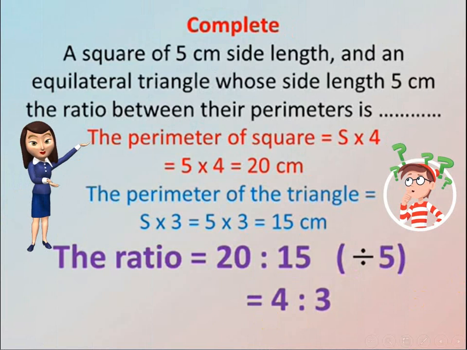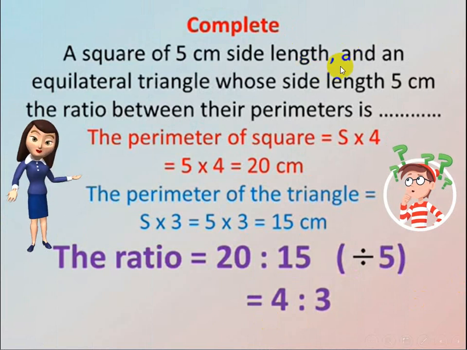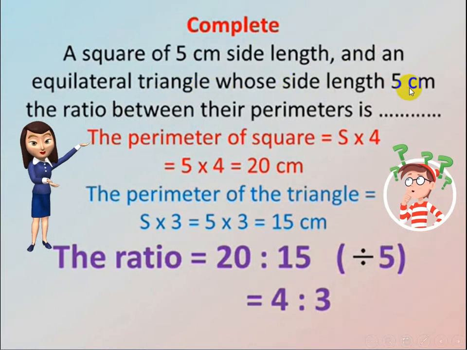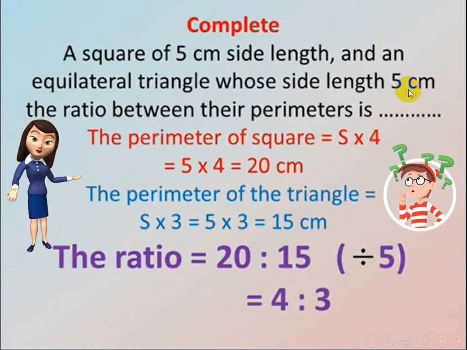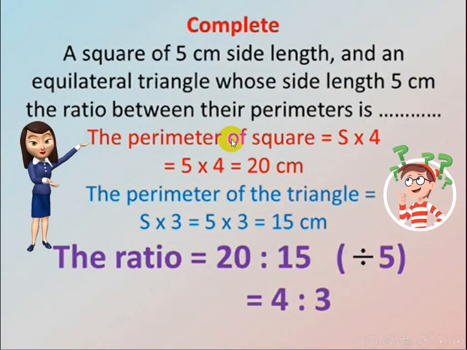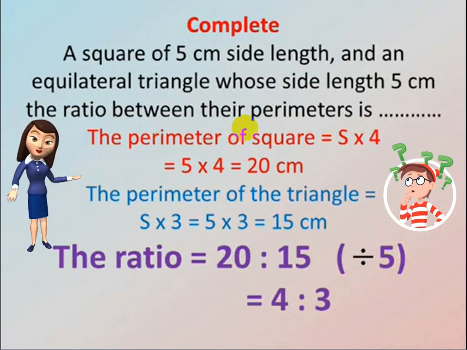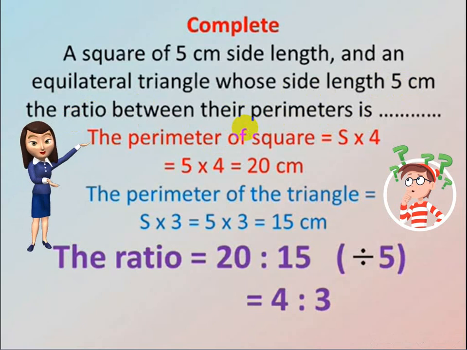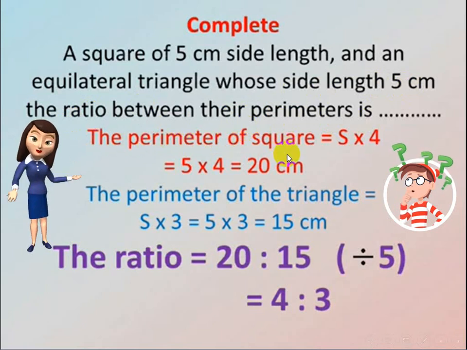Another example: a square of 5 cm side length and an equilateral triangle whose side length is 5 centimeters. The ratio between their perimeters is space. So we will find the perimeter of the square, the first shape.